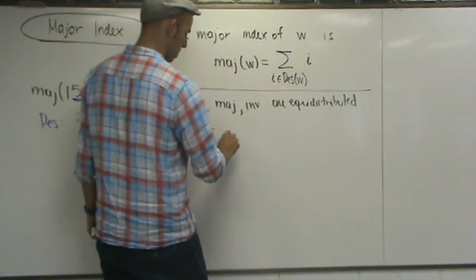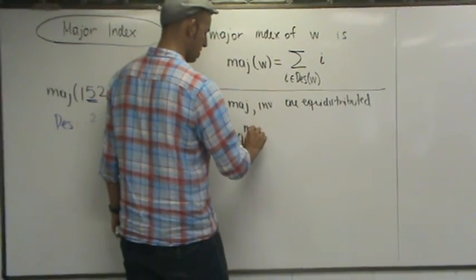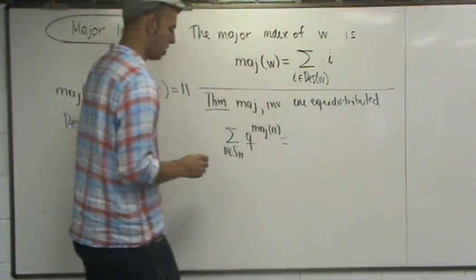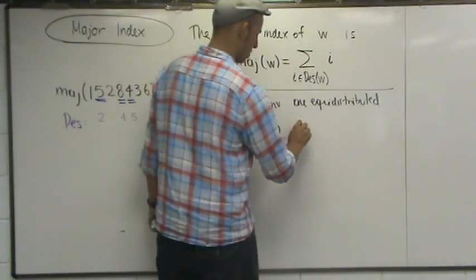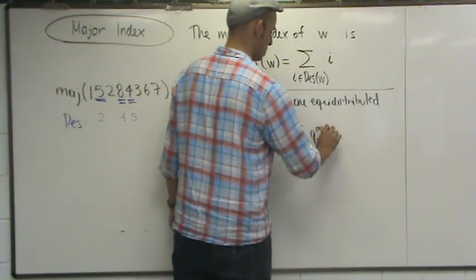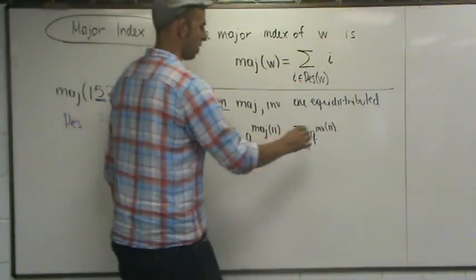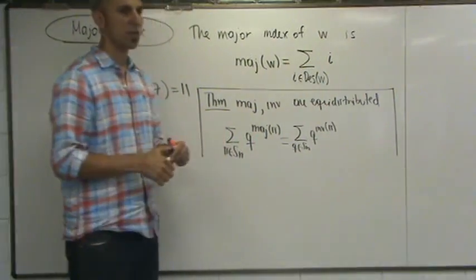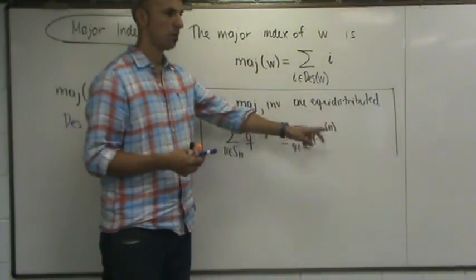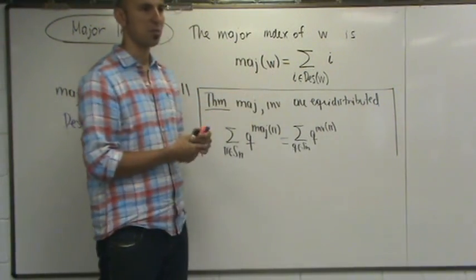But again, what this means is that if I look at this guy, I'm going to get the same as if I do this by inversions. And this should sound very strange to you. What I'm saying is that the number of permutations that have k inversions, k pairs out of order, is equal to the number of permutations for which this weird sum is equal to k.